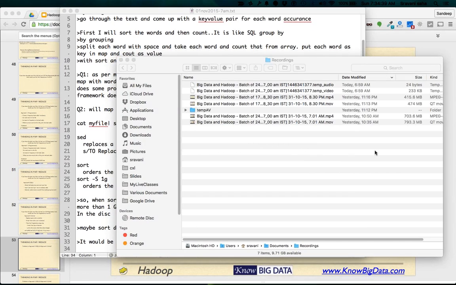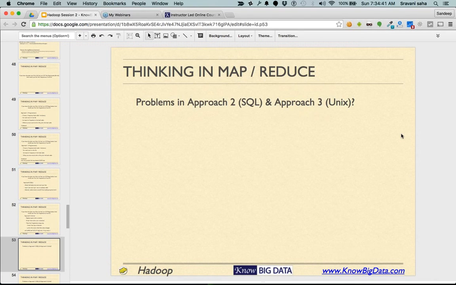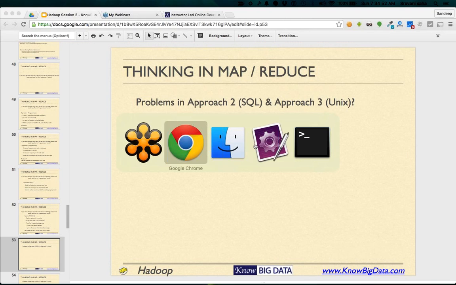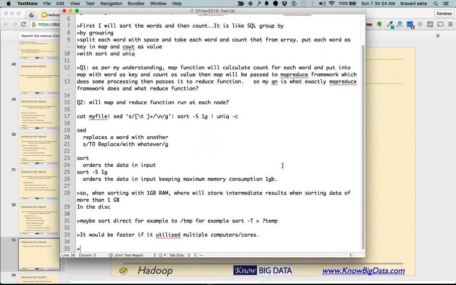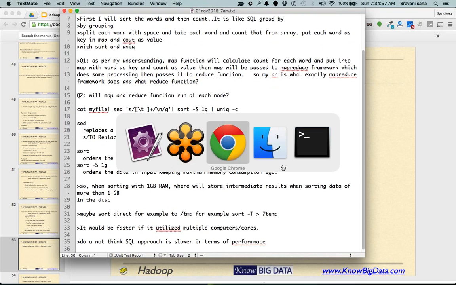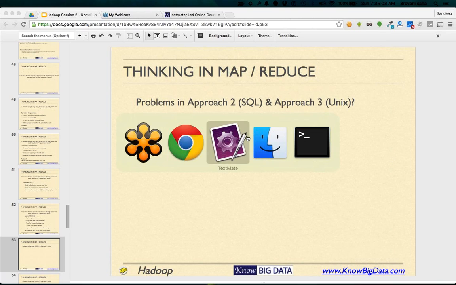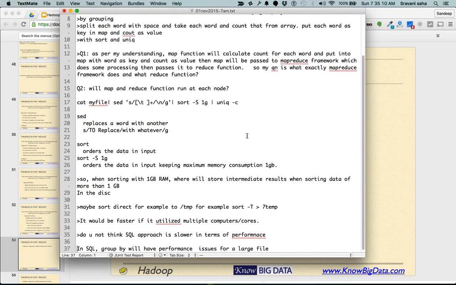All right. And Pankaj says, do you not think the SQL approach is slower in terms of performance? Okay, and why do you think so? I do think that yes, the SQL approach is slower, but why do you think so? SQL group by will have performance issues.